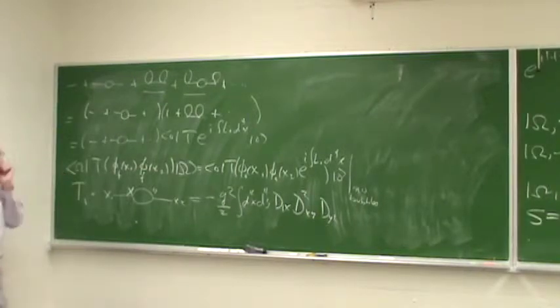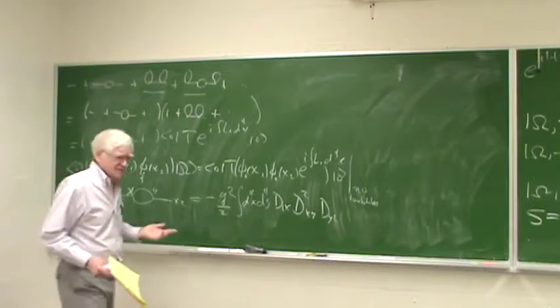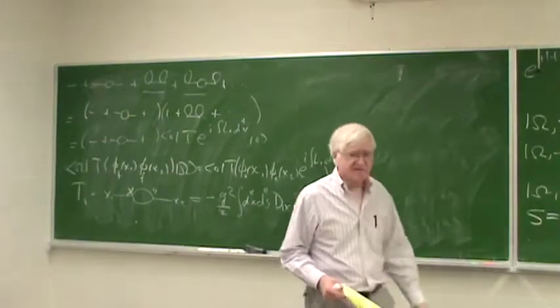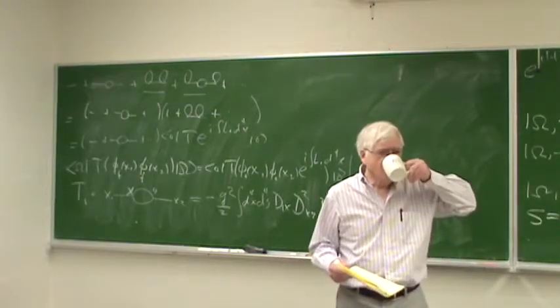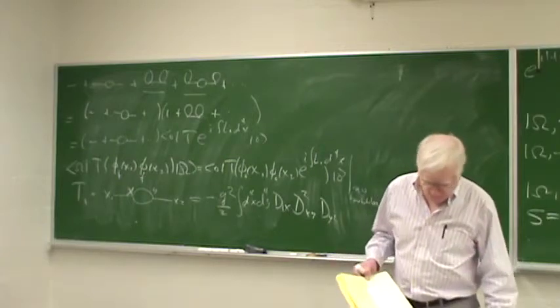Schwartz works through this for the massless case, and he chooses the massless case just to simplify the notation. If you want to put in the m squared, it's no problem.